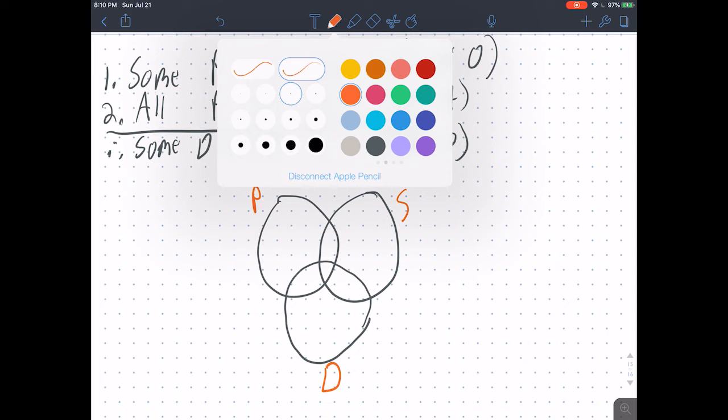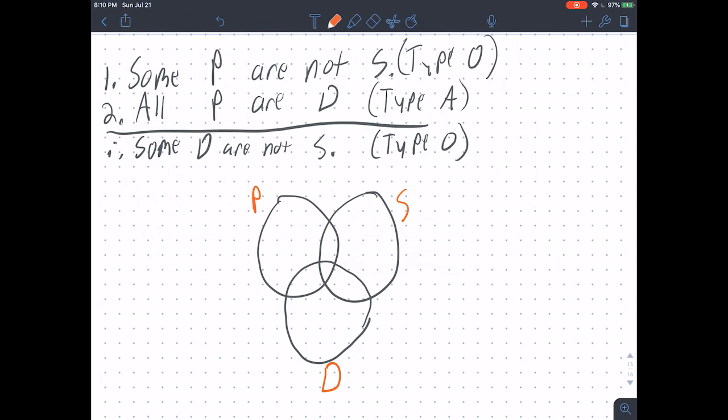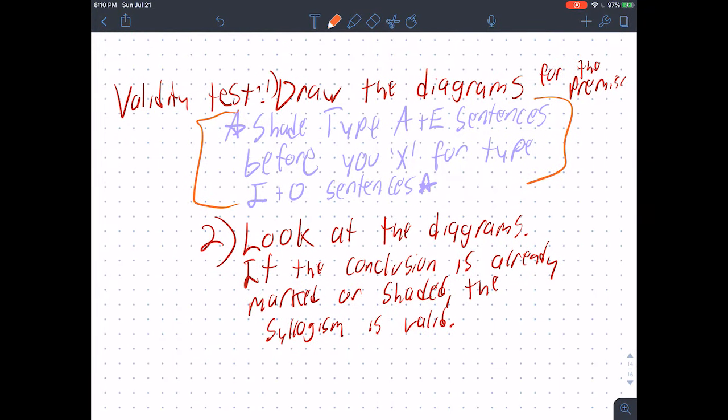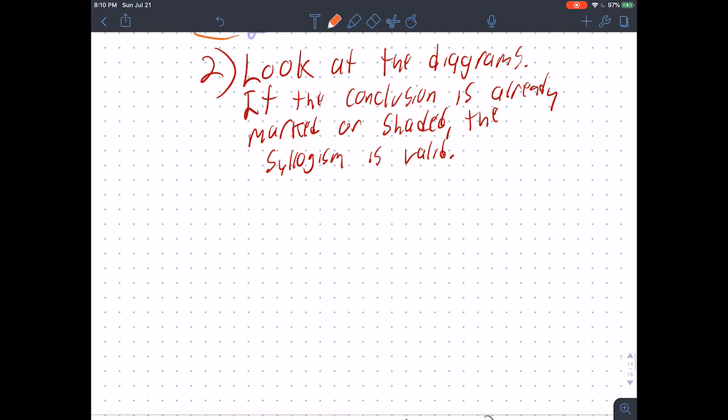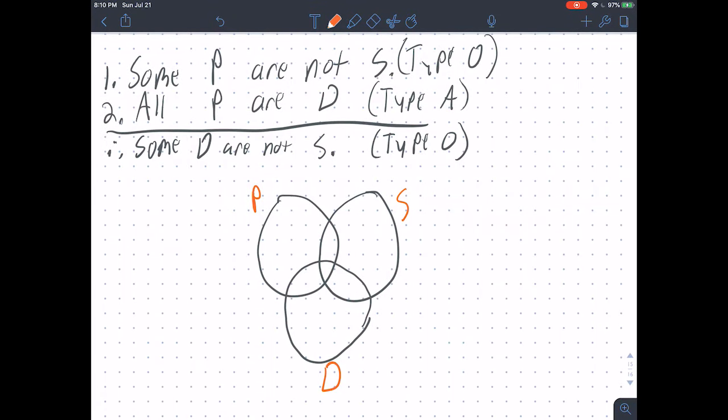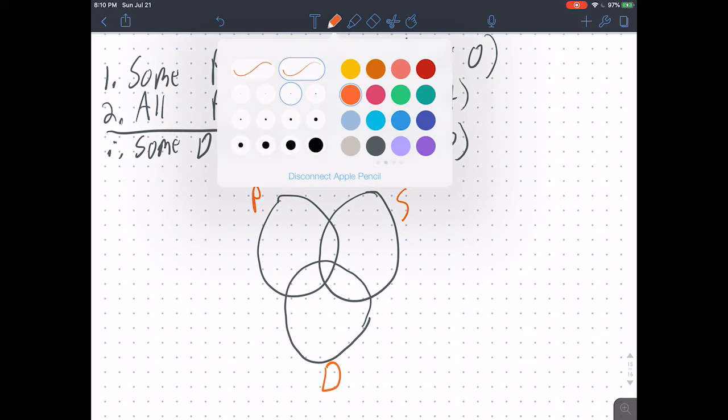So here, this type O sentence is going to need a mark. We're not going to shade for it, but we're going to shade for this. So we have to shade the second premise first. Again, remember, we have to shade type A and E sentences before we put the X in for I and O sentences. So we do not just draw the premises in the exact order of the argument.